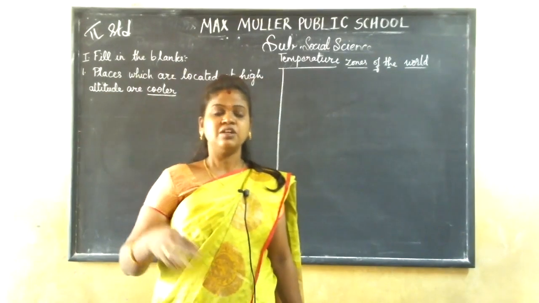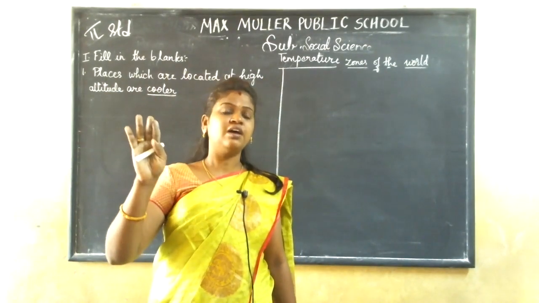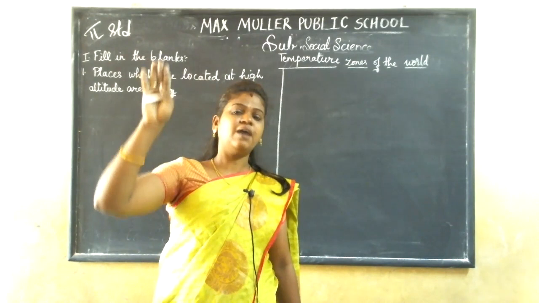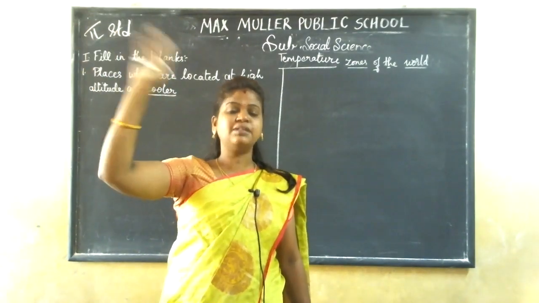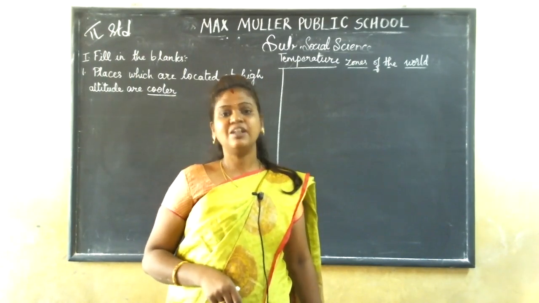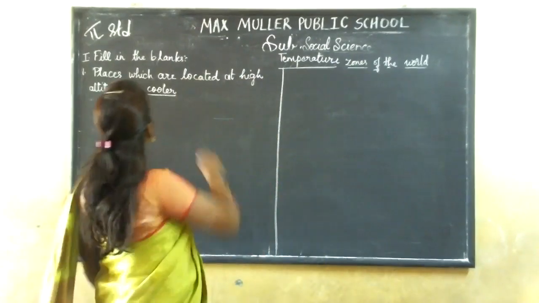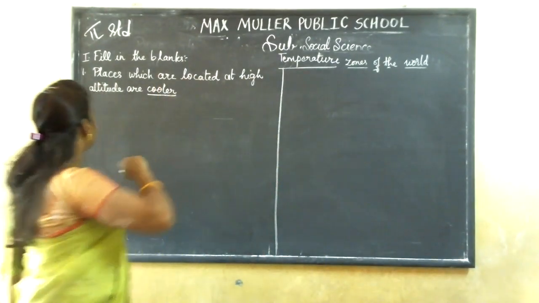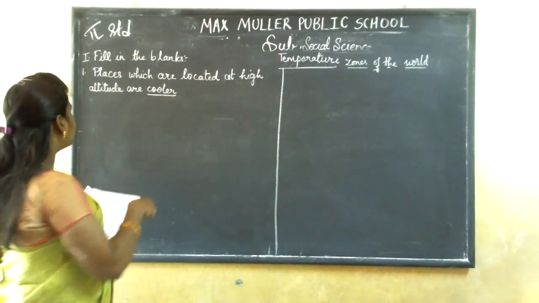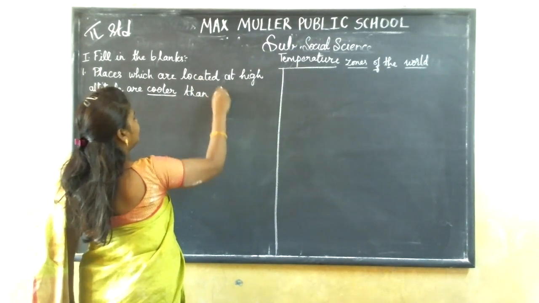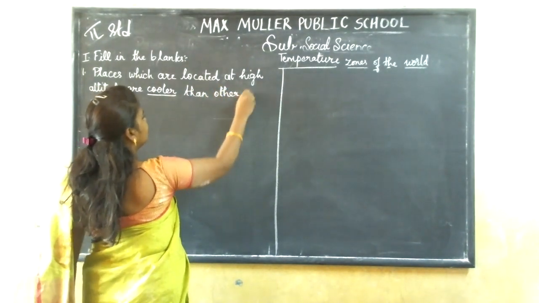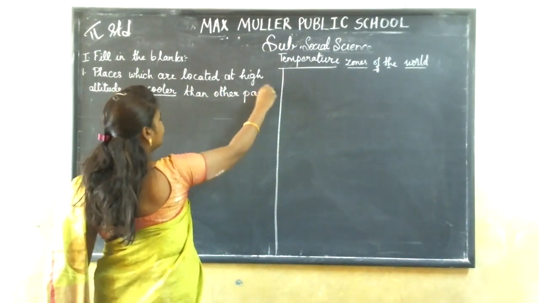the hill stations. So when you move higher and higher, what happens? The places become very cool. So the same meaning, places which are located at high altitude are cooler than other parts. So when you are down, what happens?